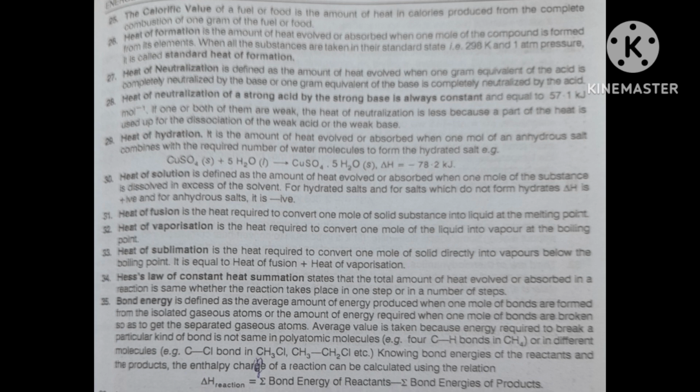A reaction may be slow or fast; that is a different thing. I am telling another example. Many common examples are there. Suppose you take potassium chloride solution plus silver nitrate solution, KCl solution plus AgNO3 solution. Just by mixing, within a fraction of a second, you will get a white precipitate of AgCl, silver chloride.